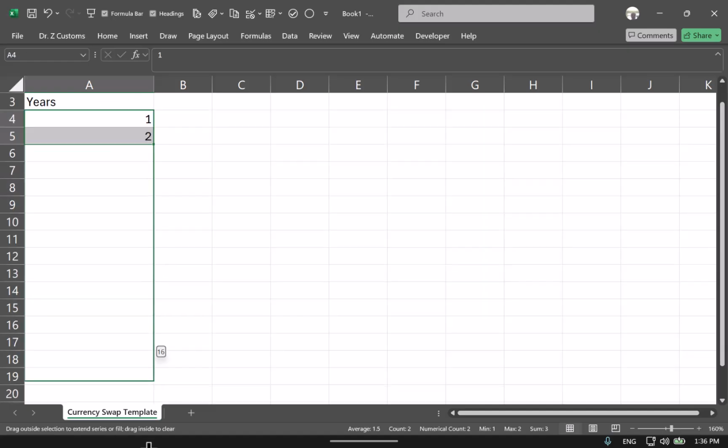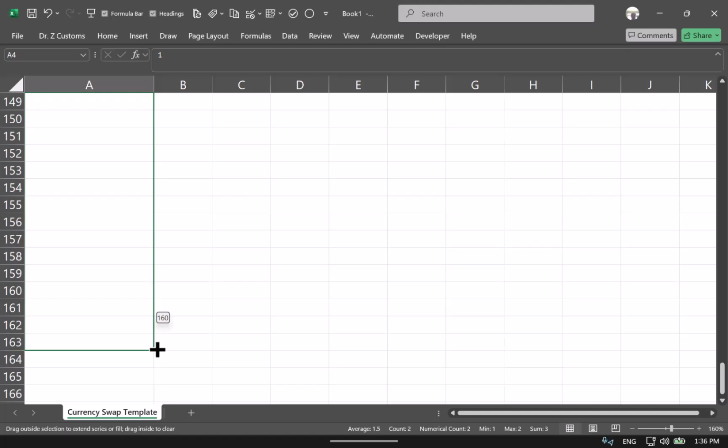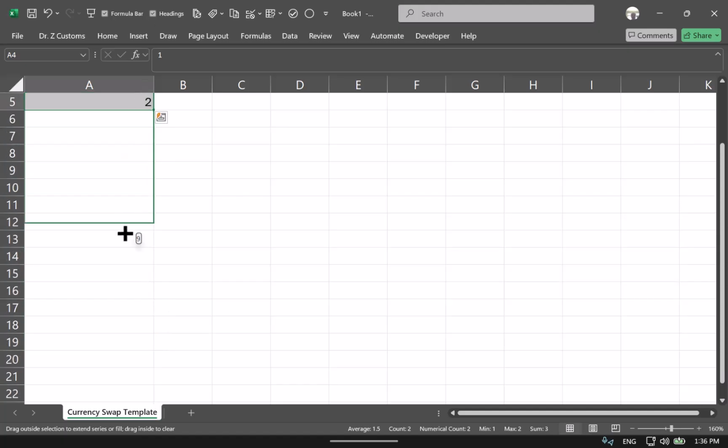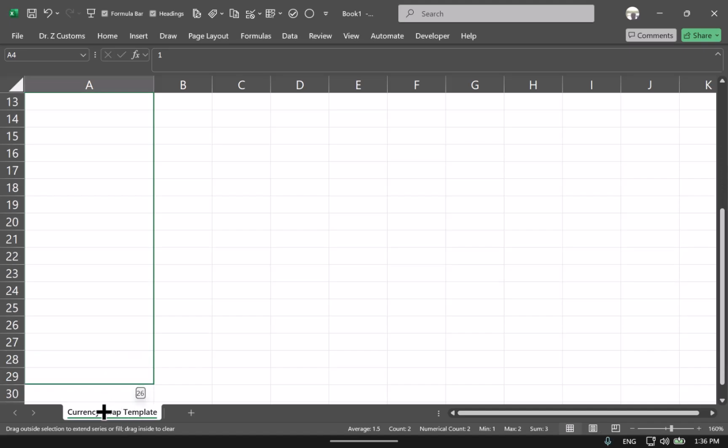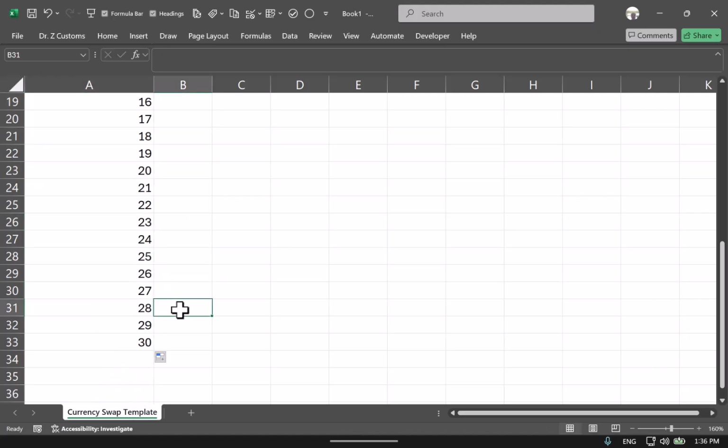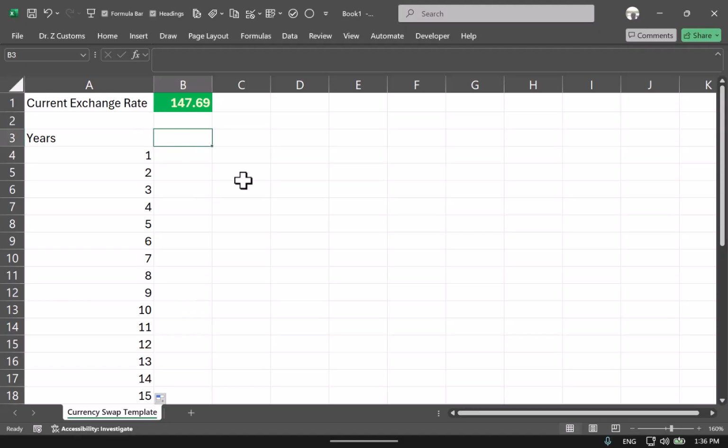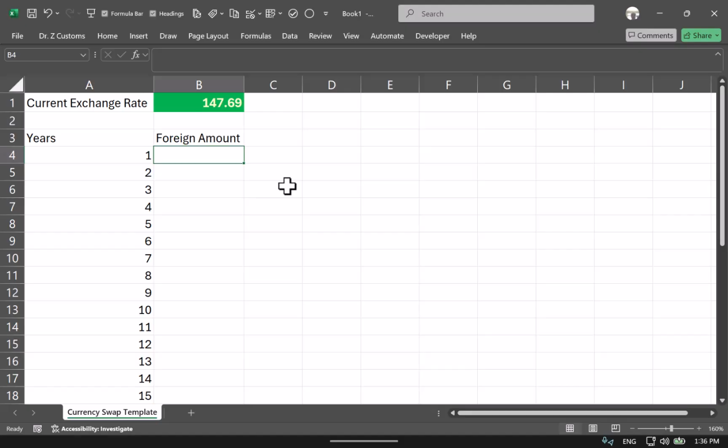I'm going to allow this to happen up to 30 years. So for each of those years, we're going to determine the foreign currency amount.